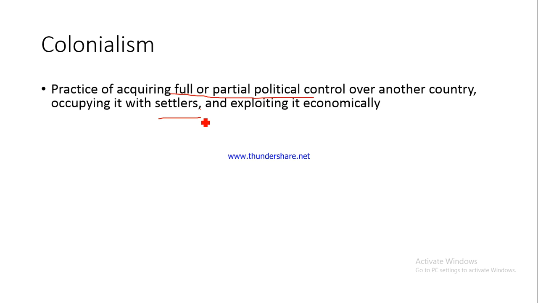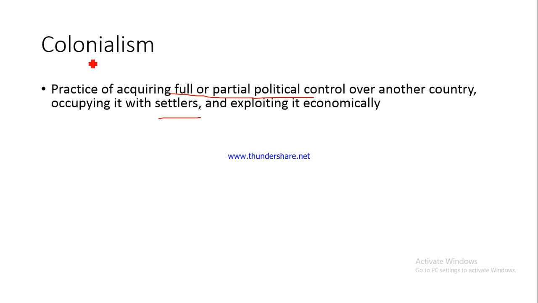So the country which is being acquired or which is being colonized would be known as the colony, and the country which is colonizing would be known as the colonial country. So in our case, the Britishers were the colonial country and the colonies were here in India. And of course you would understand a little while later that Britishers had not only colonized India, but they had also colonized many other parts of the globe, right?